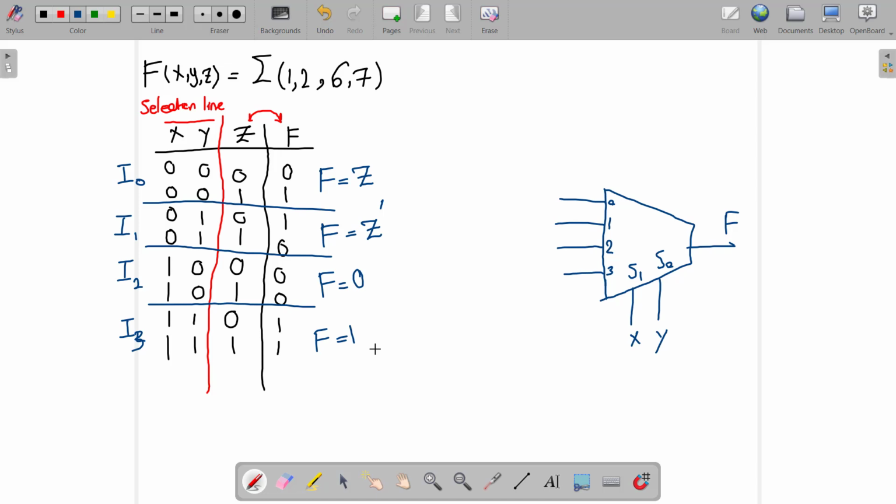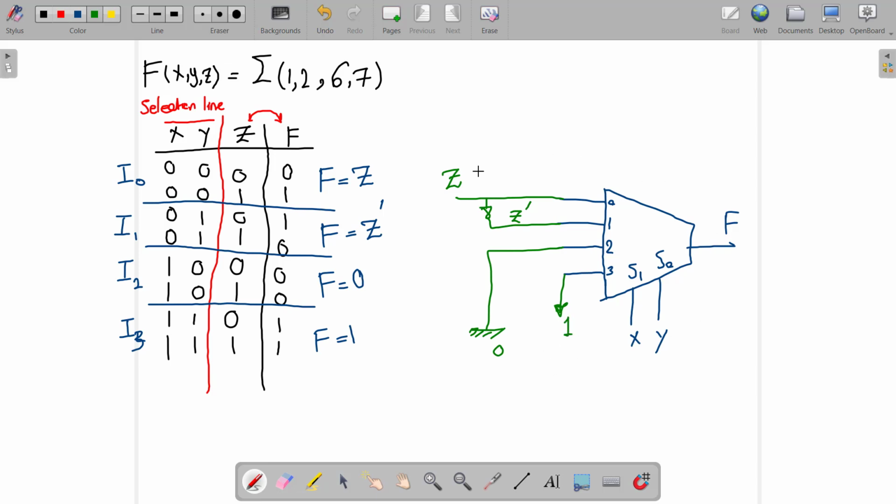Now, according to this f, I can design the circuit. How? I0 has to be connected to 0, I1 has to be connected to Z prime, I2 has to be connected to 0, where 0 means the ground, and I3 has to be connected to 1.